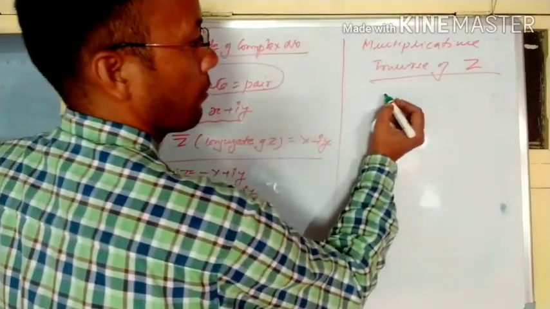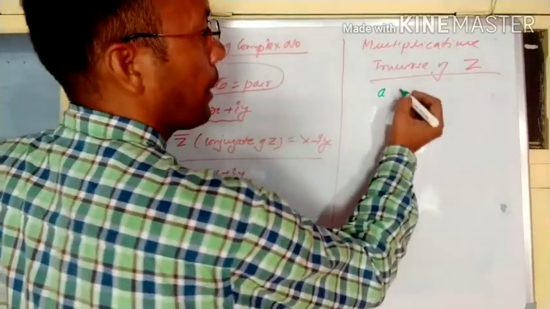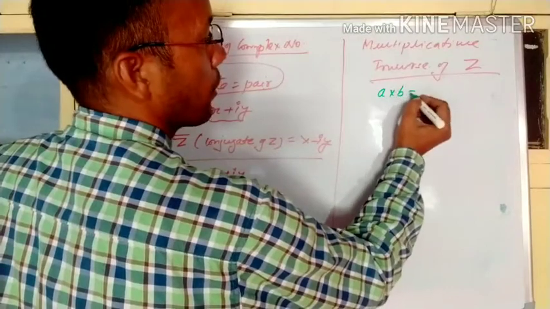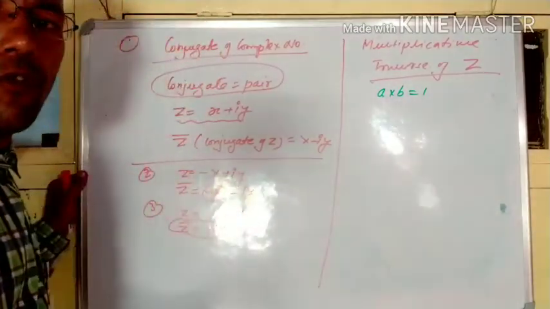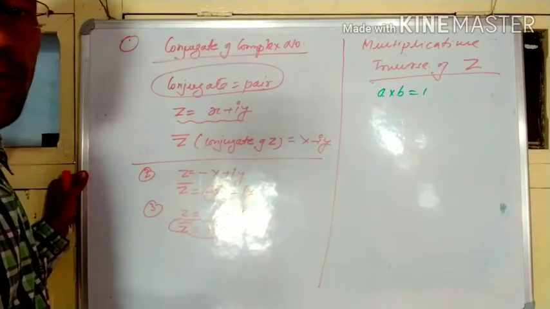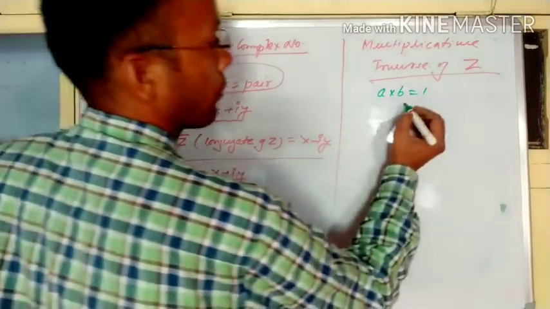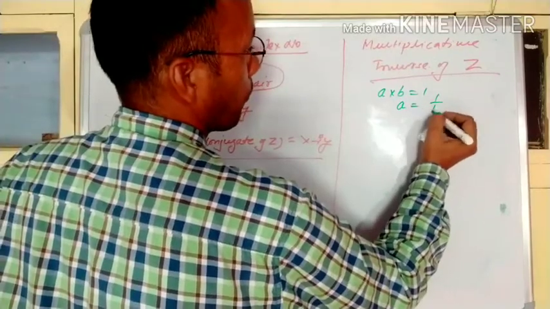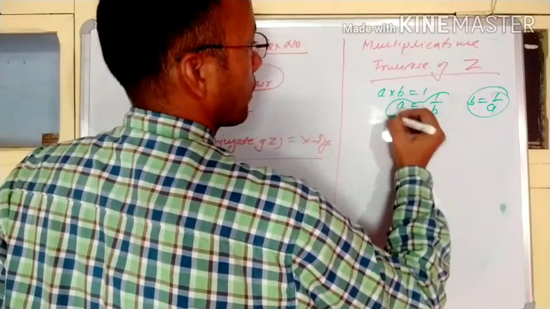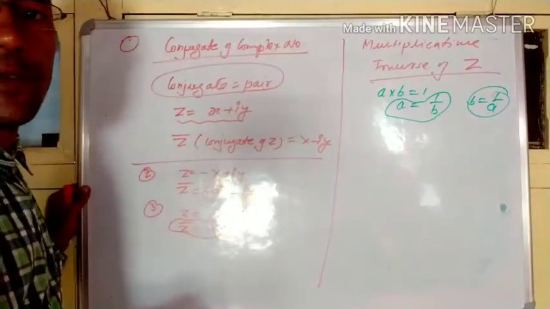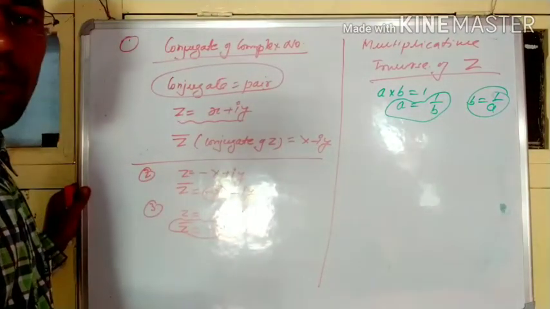For example, if a is a number and b is another number, and if ab is equal to 1, then b is the multiplicative inverse of a, and a is the multiplicative inverse of b. So a is equal to 1 upon b, or b is equal to 1 upon a, right?